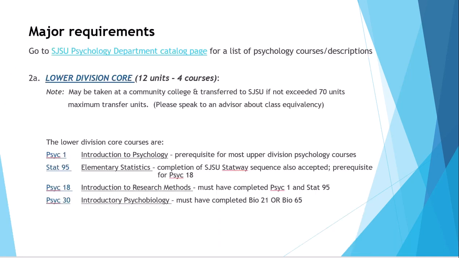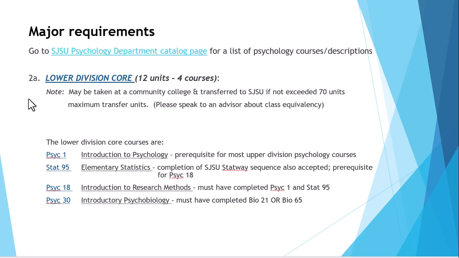Let's start with the lower division core courses. Again, those are the courses in the blue boxes on the figure that I showed you above. There are 4 lower division courses in addition to the major support biology course.